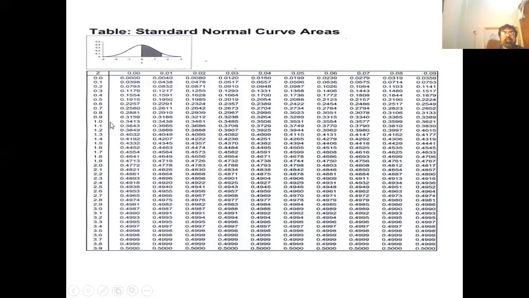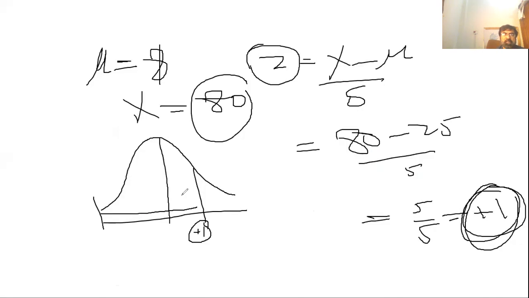For 1, the area is 0.3413. So the area over here is 0.3413. And what do we need? We need an area from here to here so that we can add up and then convert into percentage and then into percentile. The area from this area to the midpoint is 0.5.